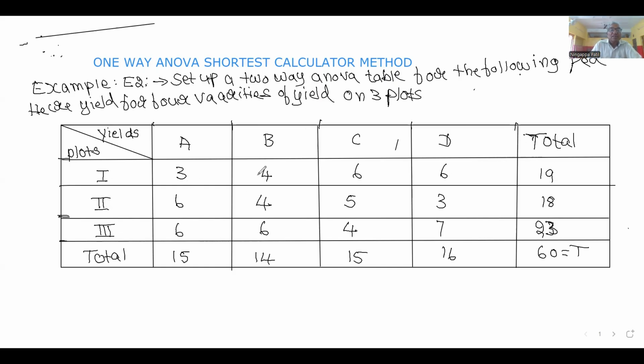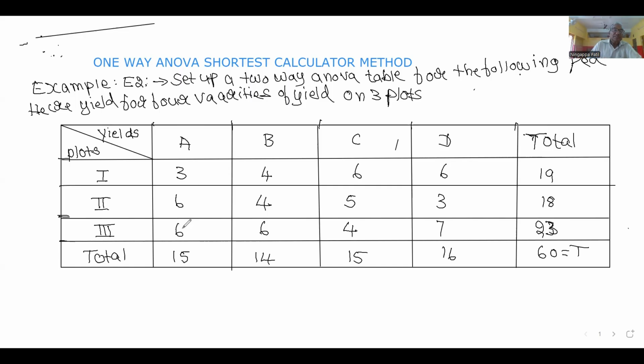Look here: 3, 4, 6, 6, total is 19. 6, 4, 5, 3, total is 18. 6, 6, 4, 7, total is 23. And the totals are also given column wise.